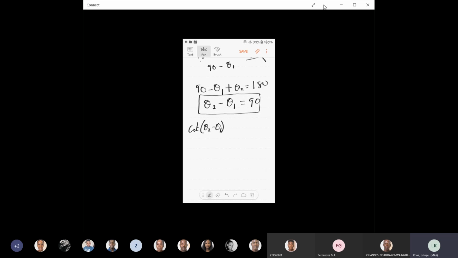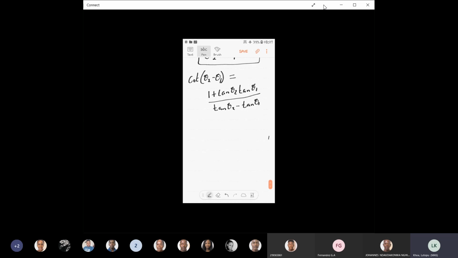Cot of a sum of angles is just the reciprocal of that one. So this is equal to 1 plus tan theta 2 tan theta 1 divided by tan theta 2 minus tan theta 1, from your identities.